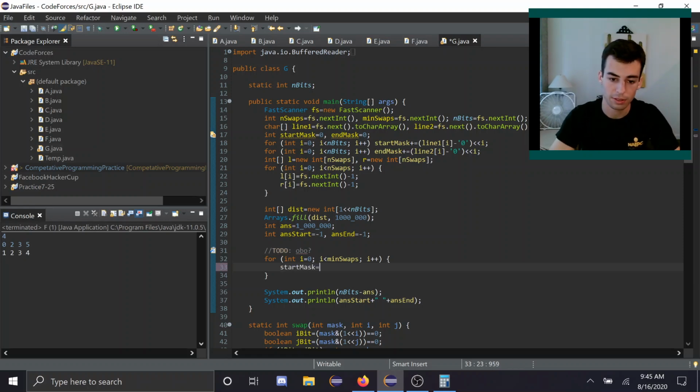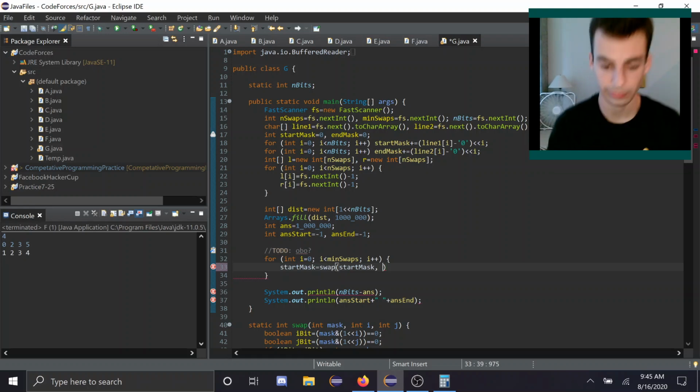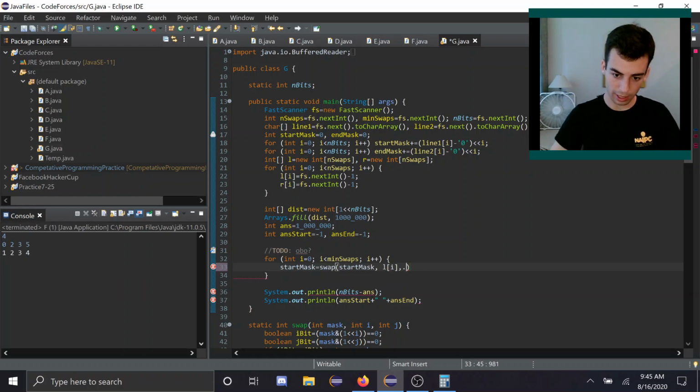Yeah, start mask equals swap, start mask, L at I and R at I.